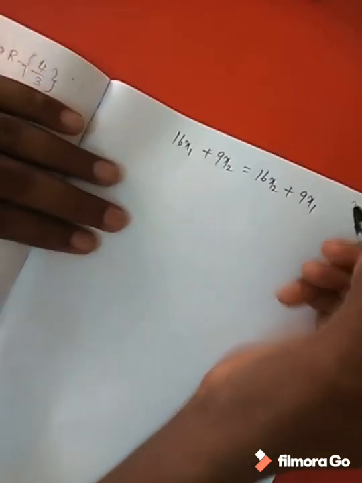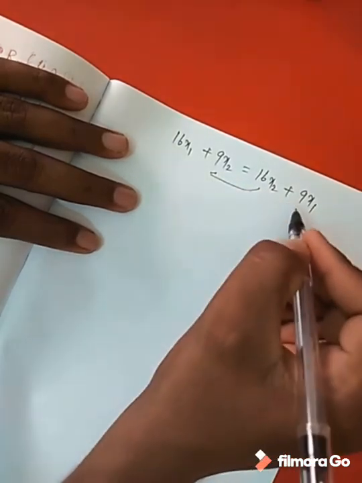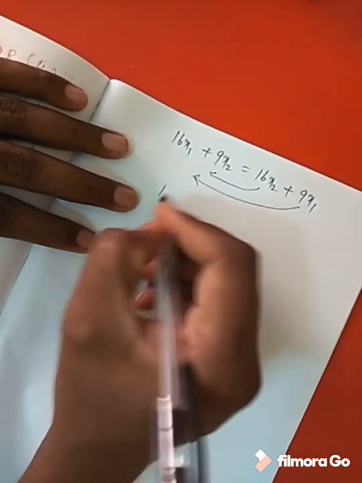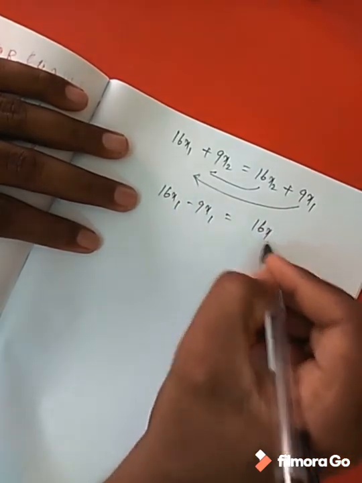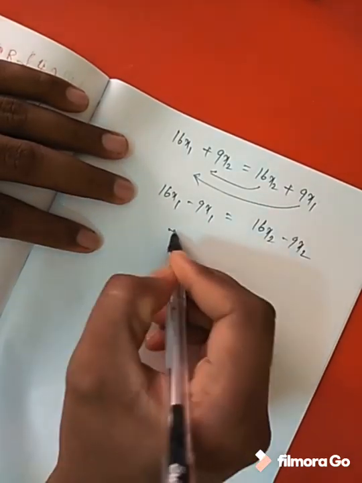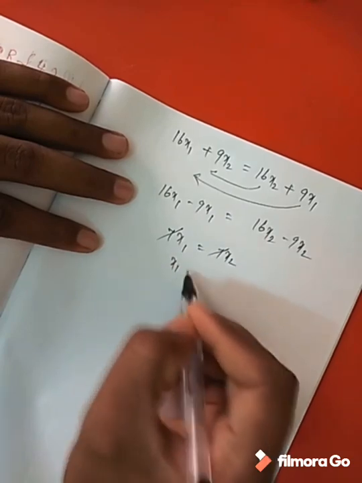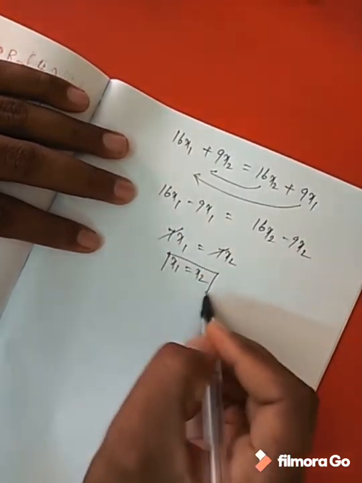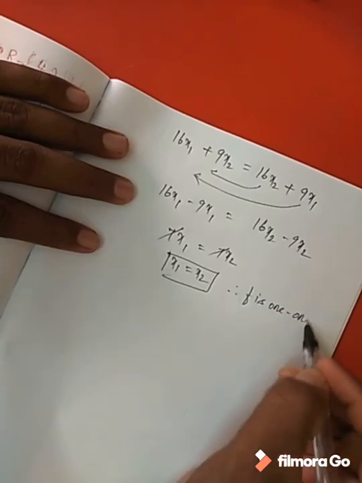Okay, so I can bring this one to the left hand side: 16x1 minus 9x1 is equal to 16x2 minus 9x2. So 16 minus 9, 7x1 is equal to 7x2, x1 is equal to x2, right? Therefore f is one-one.